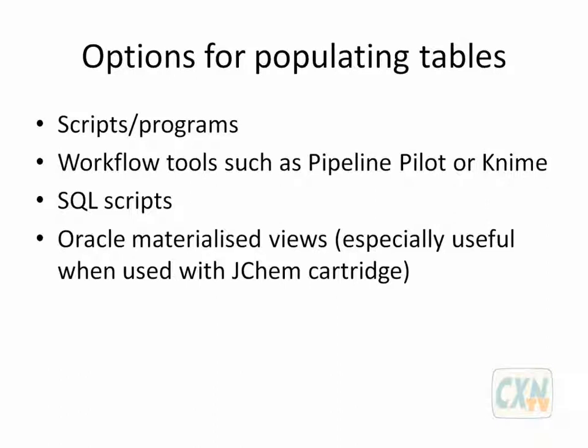And that's particularly useful if you've got the JChem cartridge, because you can add a JChem cartridge index to any structure columns in your materialized views, and that provides you with a very good way of generating reporting systems from systems such as activity-based or other systems that might contain assay or inventory data or whatever.